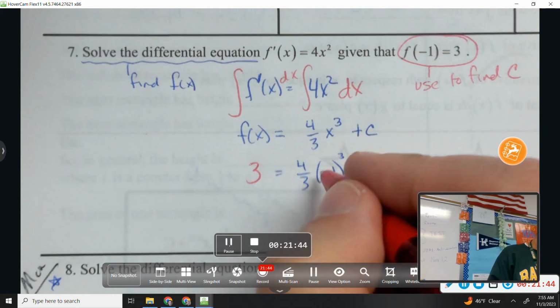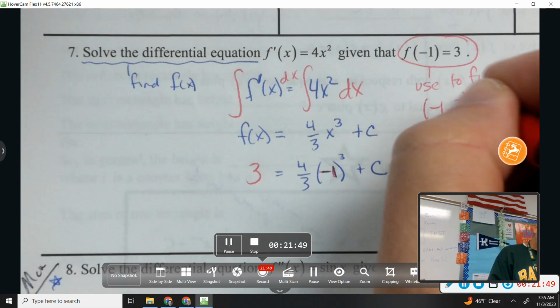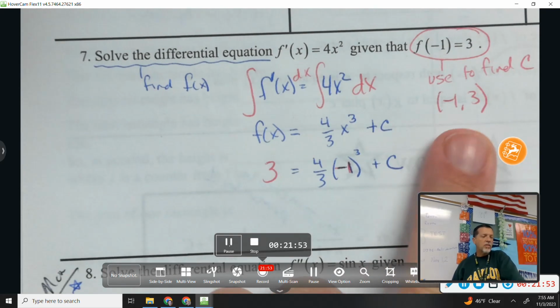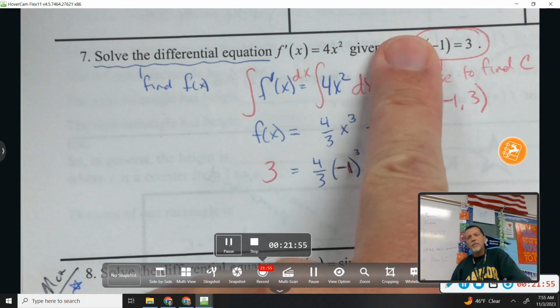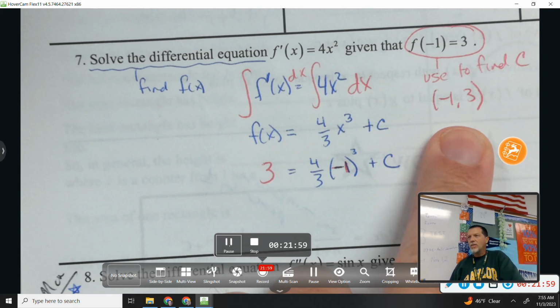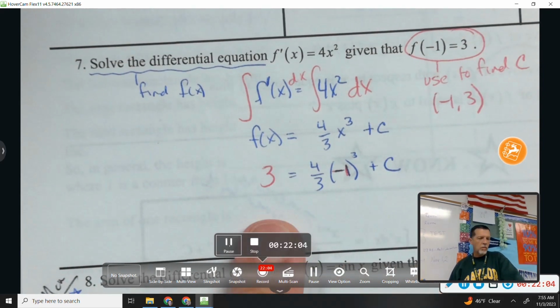So if I plug in -1 for x, 3 is my y value. Sometimes this is given as a point. They won't say f of -1 is 3. They'll say f of x goes through the point -1, 3. That means the same thing. So 3 in for y, -1 in for x.